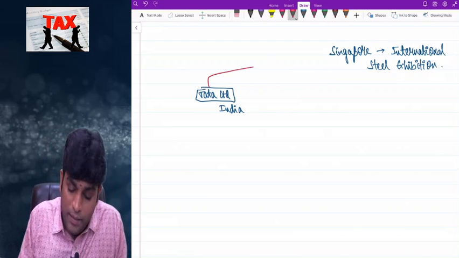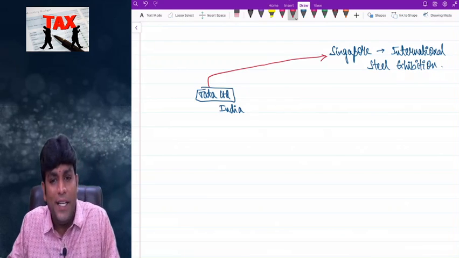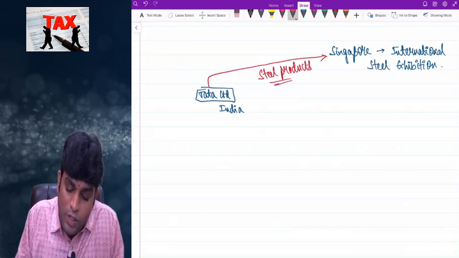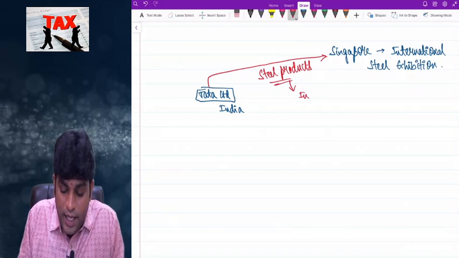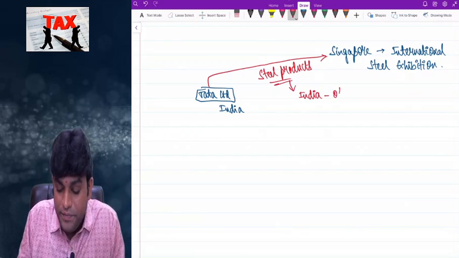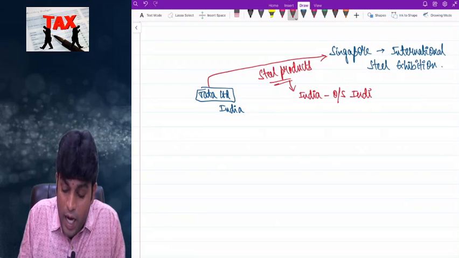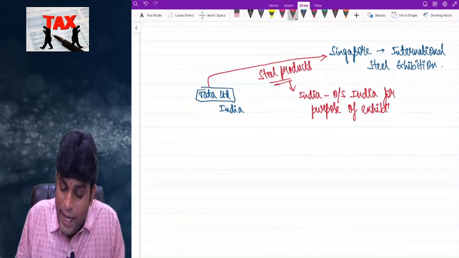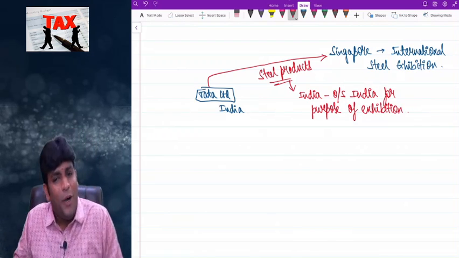Tata Limited wanted to participate in that exhibition, and they have taken some steel products from India to outside India. These steel products are taken from India to outside India for the purpose of, my dear friends, exhibition. The point is very clear.